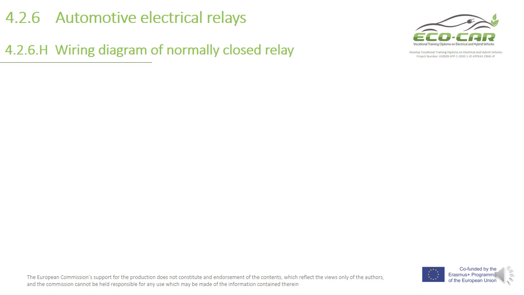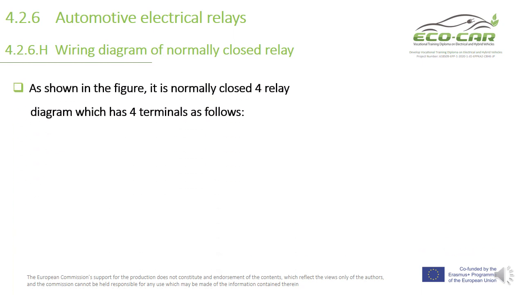Another type of relay is called the normally closed relay. The wiring diagram of this kind of relay, as shown in the figure, is a normally closed 4-terminal relay diagram.